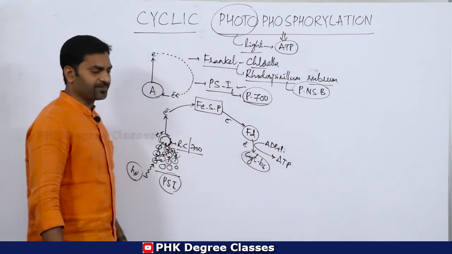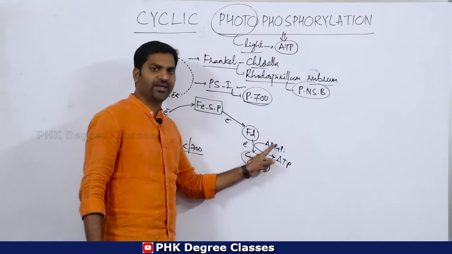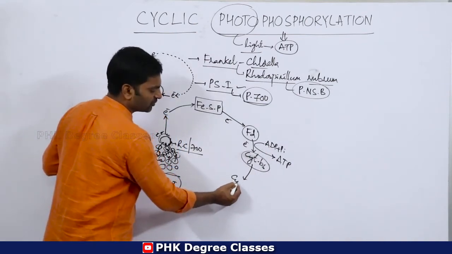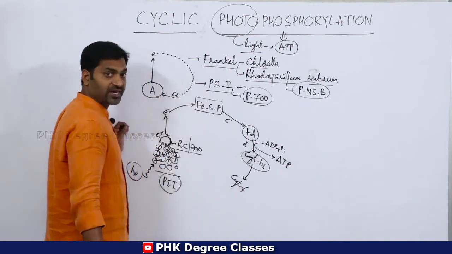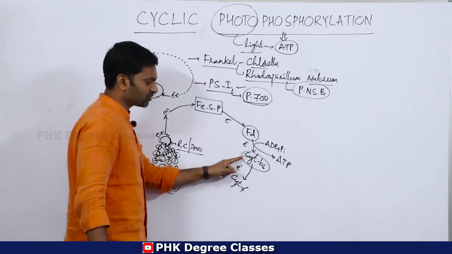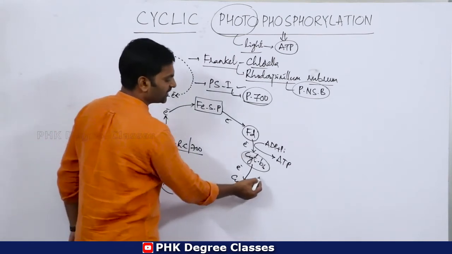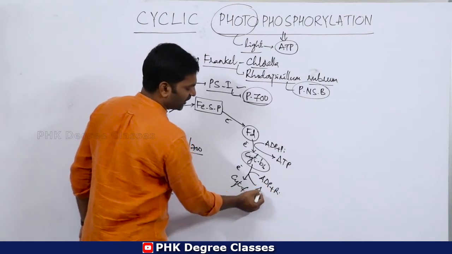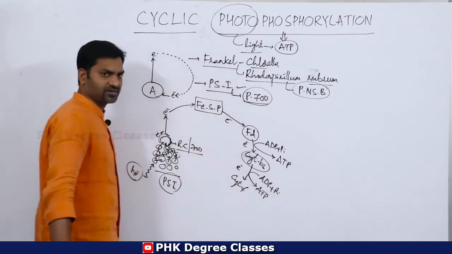One ATP molecule is formed from ADP and phosphate. Then the electron moves to cytochrome f. Whenever electrons move from cytochrome b6 to cytochrome f, there is again formation of ATP from adenosine diphosphate and phosphate.